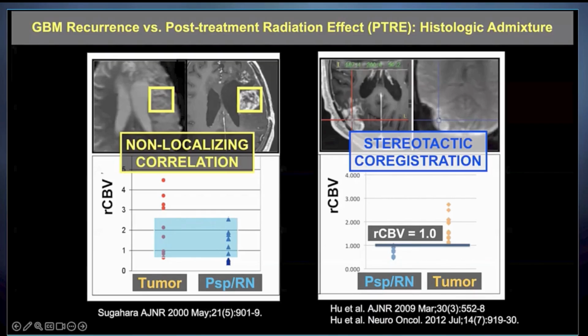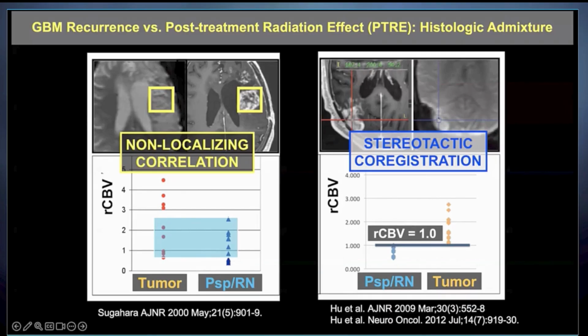And these can then be used to co-register to the corresponding DSC perfusion MR. So what we can do is say, okay, at this exact location, we got a diagnosis of tumor, or we got a diagnosis of post-treatment effect, and it allows for a more histologically pure isolation of a particular entity. And it gets around this issue of admixture.